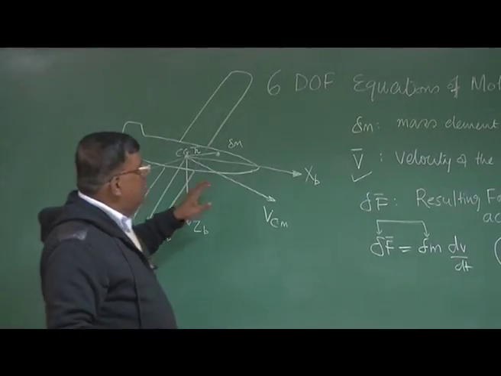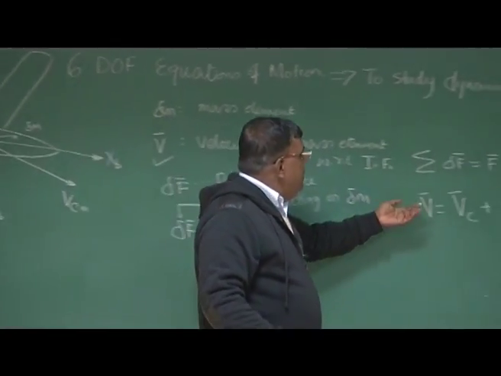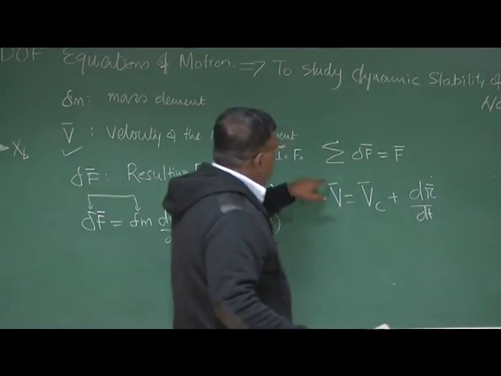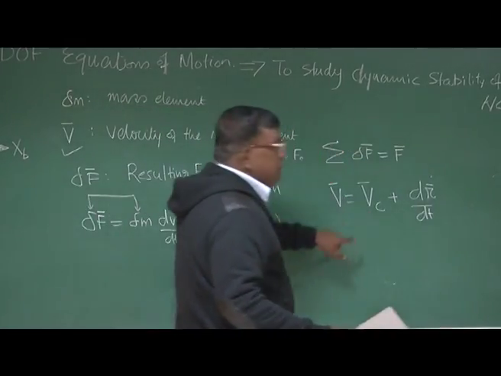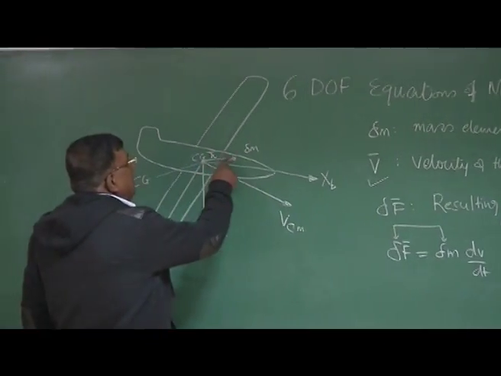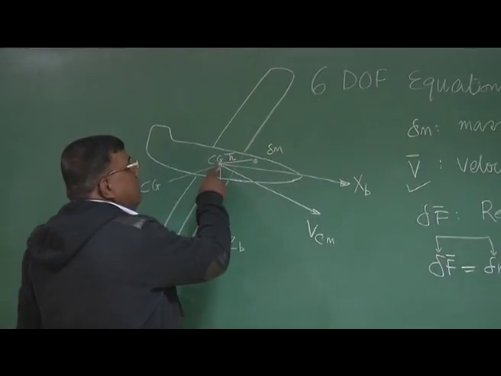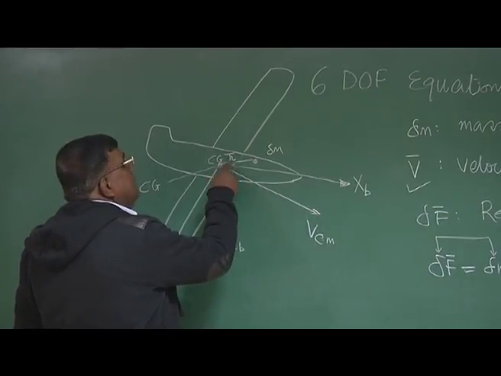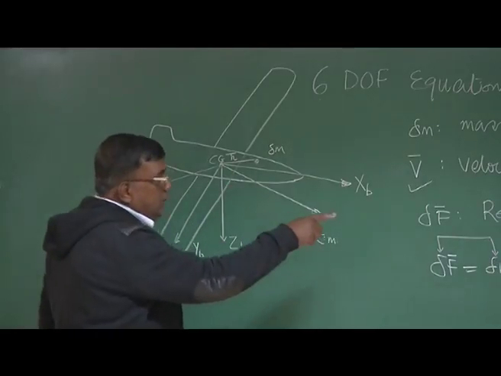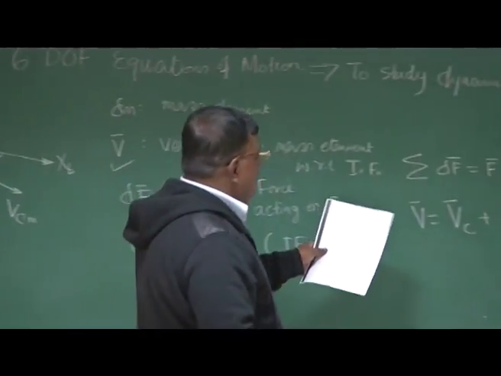Please note that we want to relate this velocity v, the velocity of the mass element, with the center of mass velocity. So, this velocity will be the velocity of the center of mass plus dr by dt, because if it is moving like this, it could move like this. So, that dr by dt will come here. So, this is the expression.